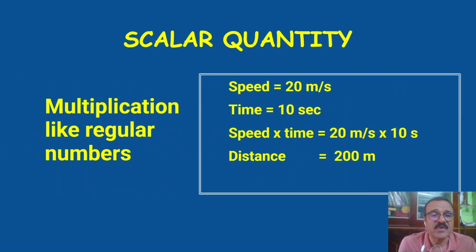Then multiplication of a scalar quantity as speed equal to 20 meter per second, and we have considered time as 10 seconds. Then if speed and time are multiplied as 20 meter per second into 10 seconds, then second gets cancelled and we get 200 meter, a new quantity, that is distance, which is again a scalar quantity.